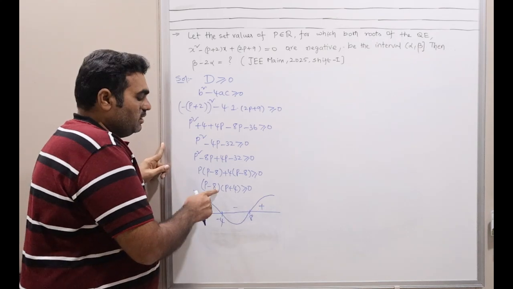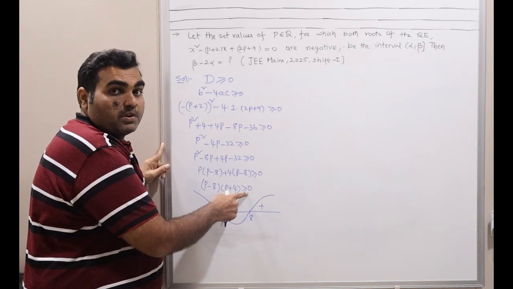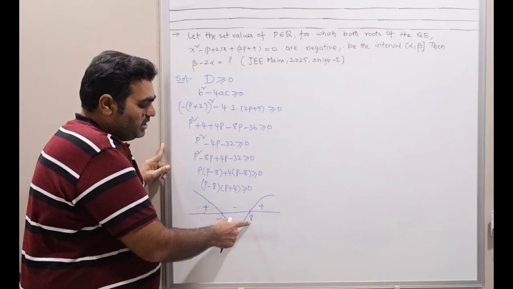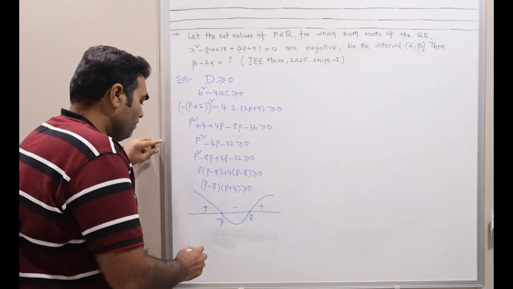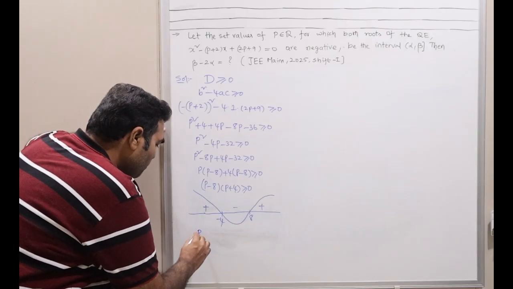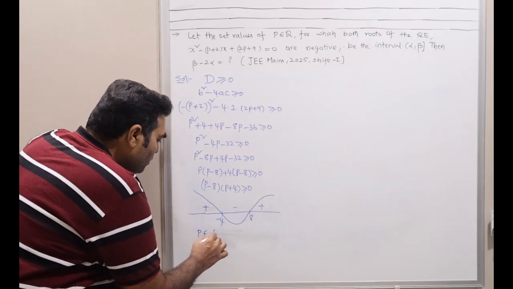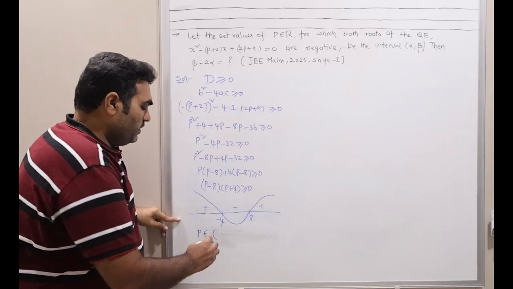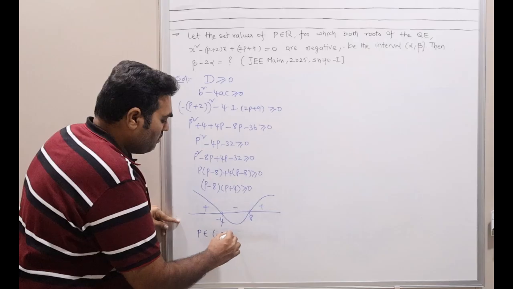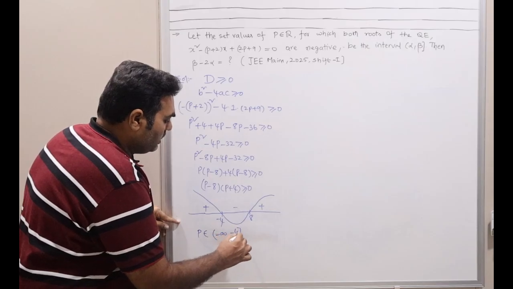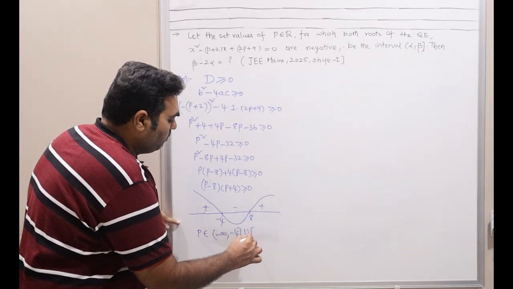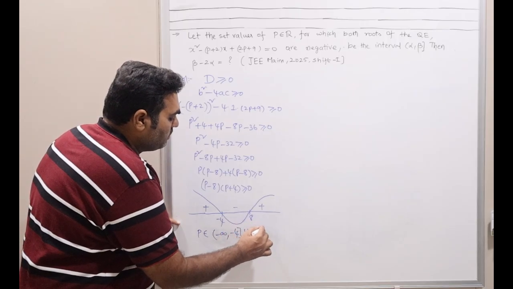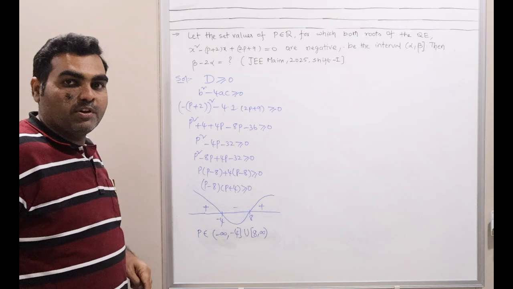And since we have greater than or equal to 0, we can consider closed intervals for these edges, minus 4 and 8. Now let me write p belongs to from minus infinity to minus 4, closed interval, union 8, closed interval to plus infinity. This is one condition we got.